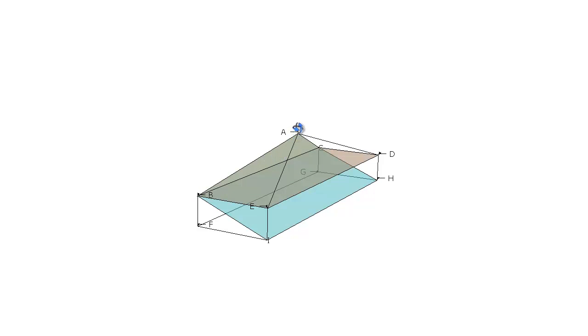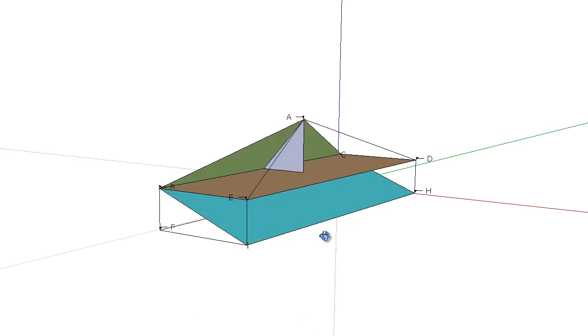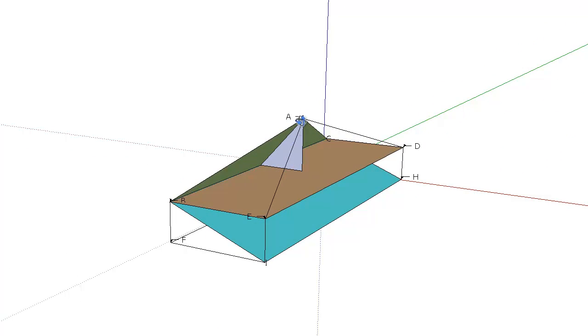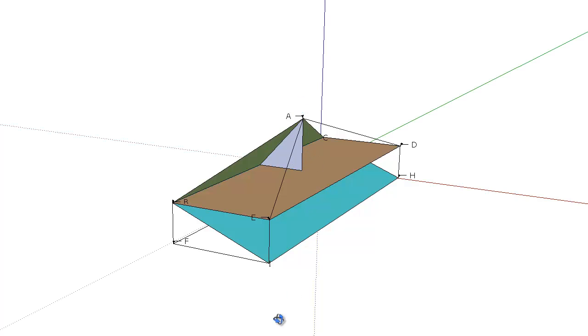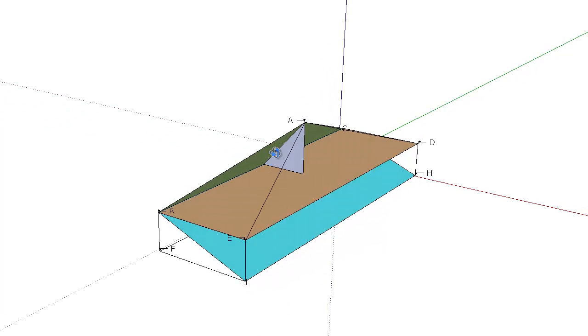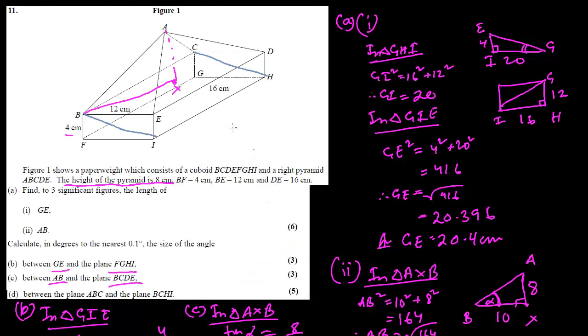In that case we can take the height of the pyramid, and we can take half of this. If this is 12, this is going to be 6, and the height of the pyramid is 8, and we can find this angle. So the first part will be the angle between the plane ABC and the floor of the pyramid, and then we can proceed. So let's do this step by step.